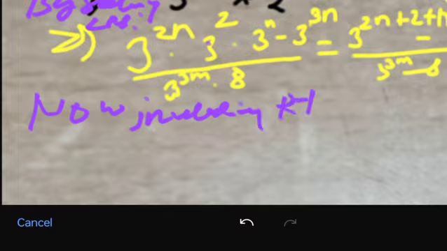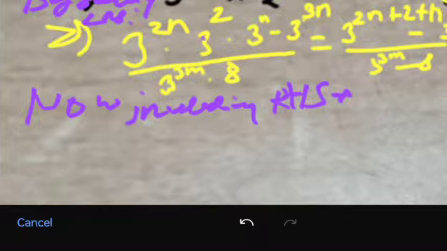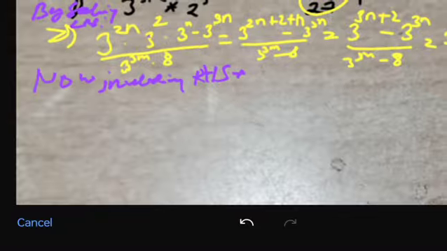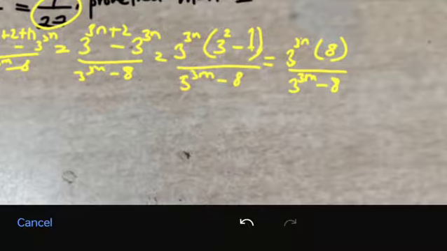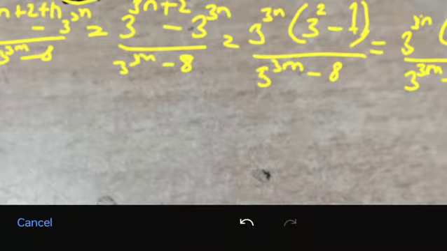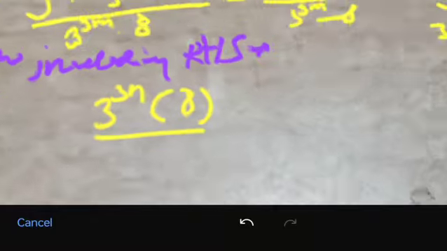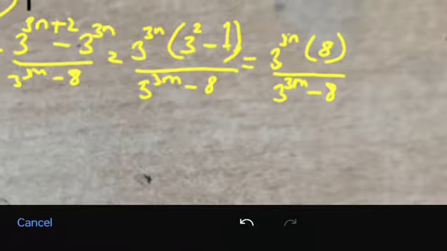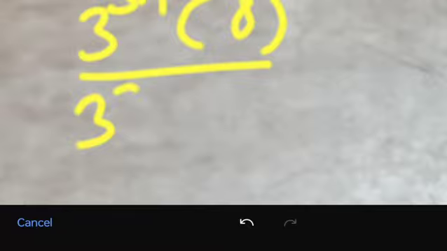I've included the RHS in this equation right now, right here. So this term would be written as it is, 3 raised to the power n, 3n sorry, times 8 by 3 raised to the power 3m, minus 8.